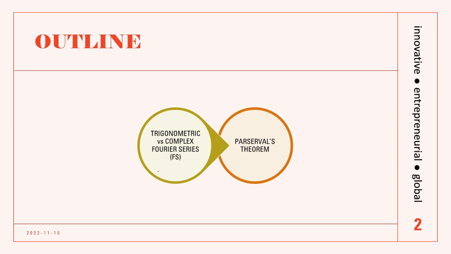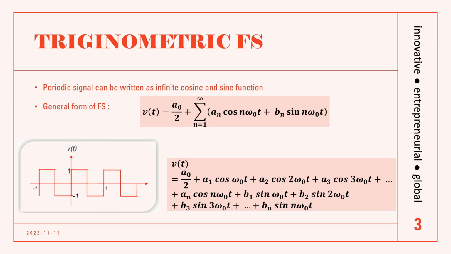We will continue with the trigonometric versus complex Fourier series, which was covered in our previous lecture, and now we're going to look into Parseval's theorems. Let's look at the first topic, which is the trigonometric Fourier series.